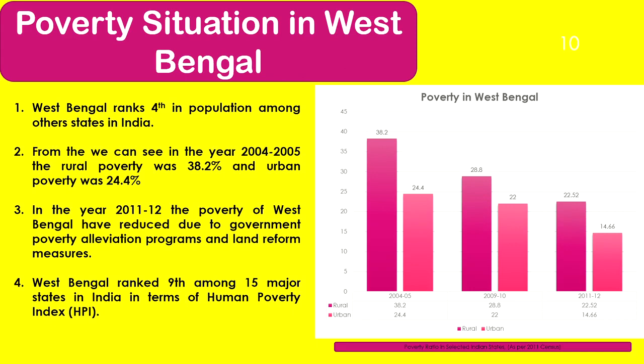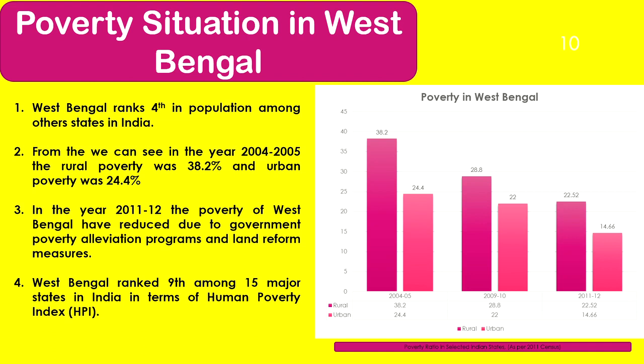Now we will learn about the poverty situation in West Bengal. West Bengal ranks 4th in population among the other states in India. In 2004-05, the rural poverty was around 38.2%, while the urban poverty was around 24.4%.